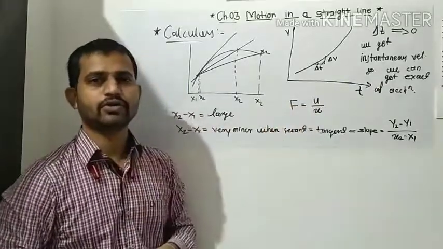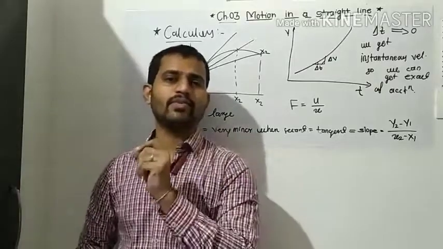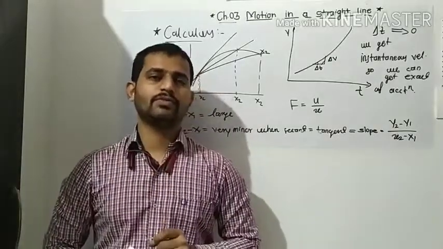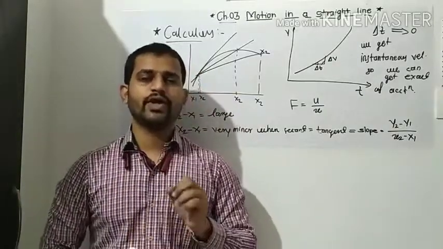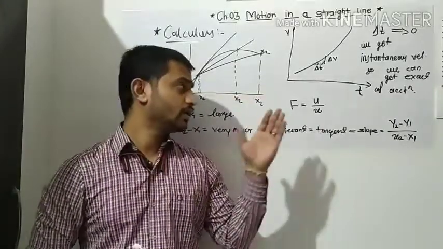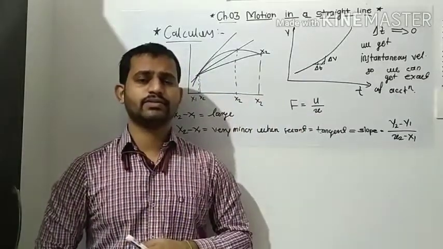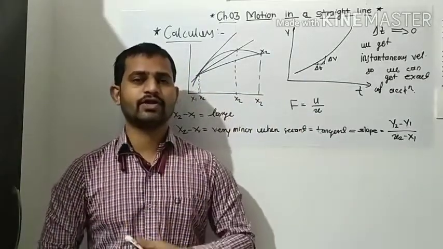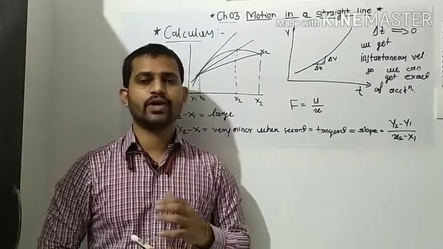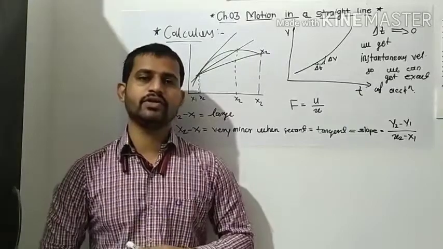To find this particular value of the force, we have to consider a very minute displacement of the particular object. When we consider a very minute value of delta x, a very minute displacement, we will get the exact value of the energy there, and when we take the differentiation of these two values, we will get the exact value of the force.